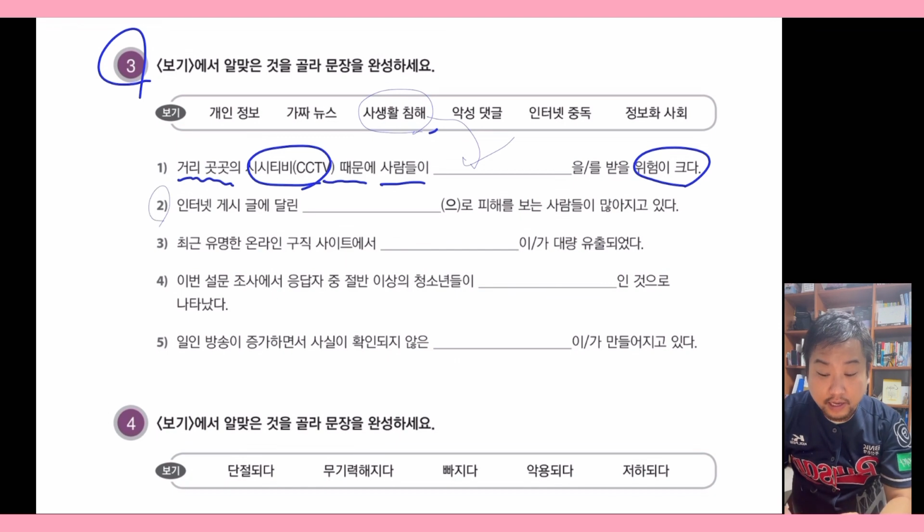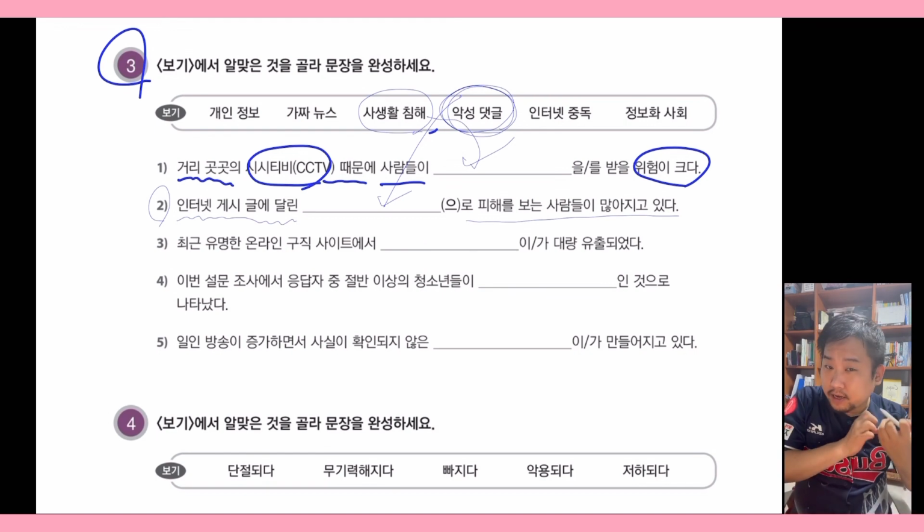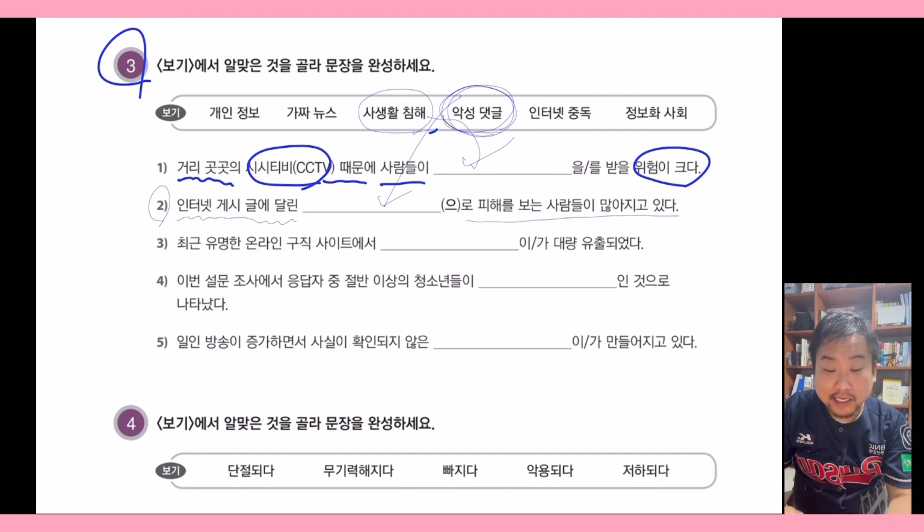Number 2, 인터넷 게시글에 달린 악성 댓글로 피해를 보는 사람이 많아지고 있다. 댓글 is comment and 악 is evil, devil. So bad comment, evil comment. We say 악성 댓글. So yeah, nowadays in Korea, many people are suffering from the bad comment.